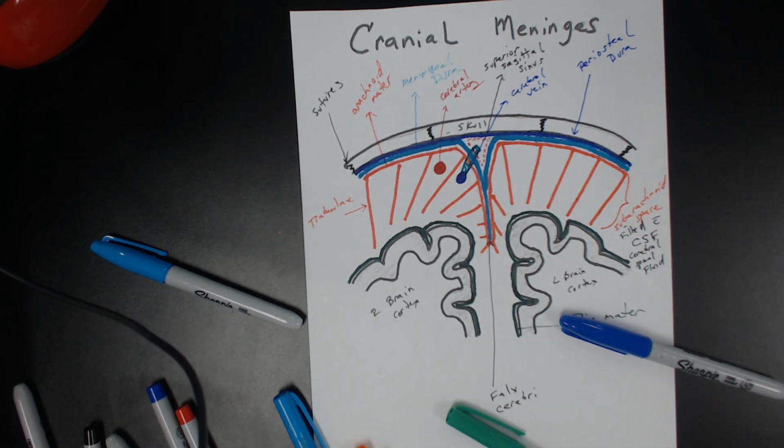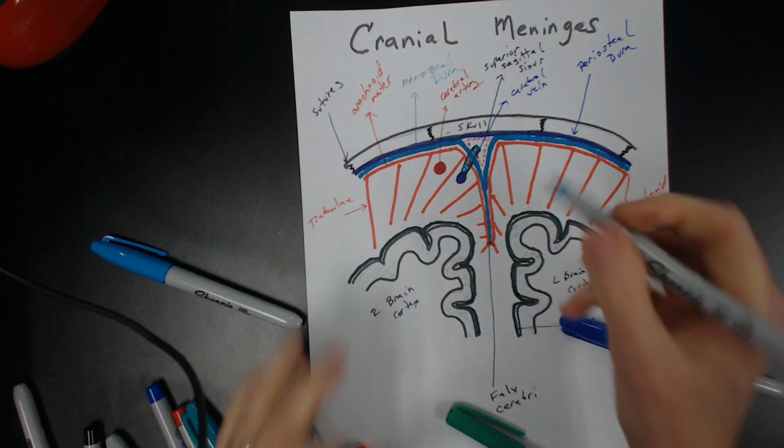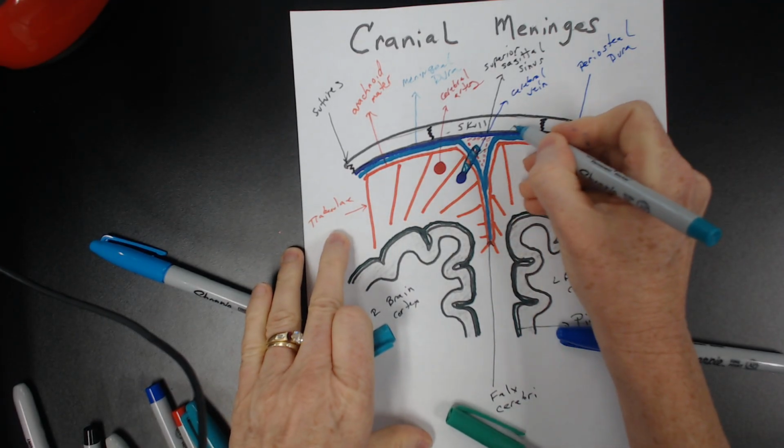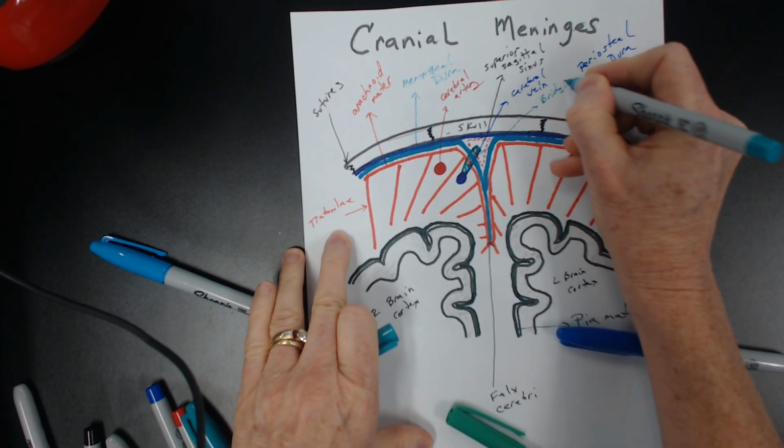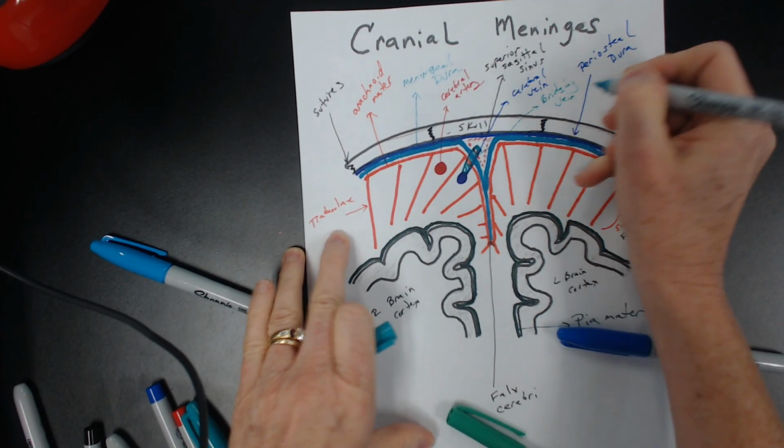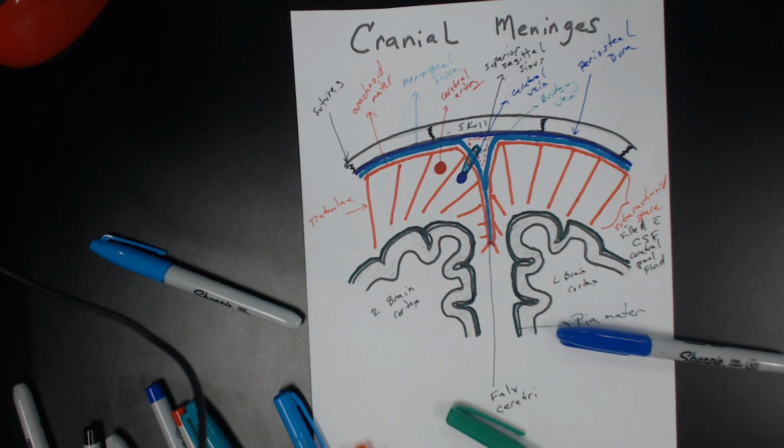It's called a bridging vein. So this right here is going to be a bridging vein. And that bridging vein is nothing more than a vascular structure that attaches the cerebral vein to that superior sagittal sinus.